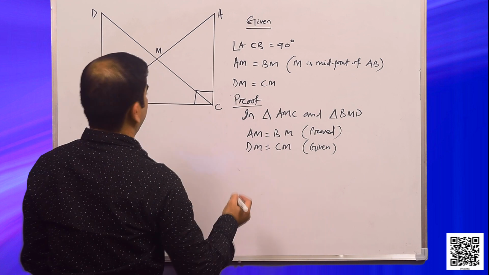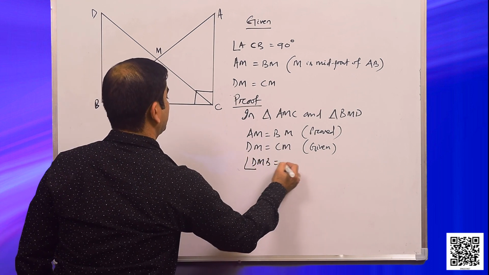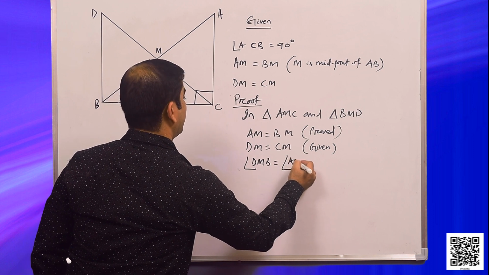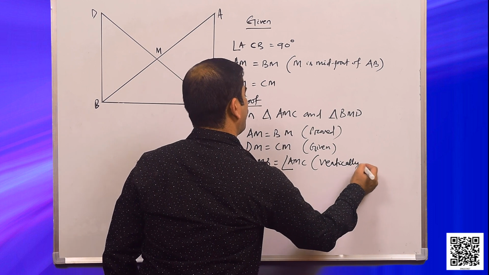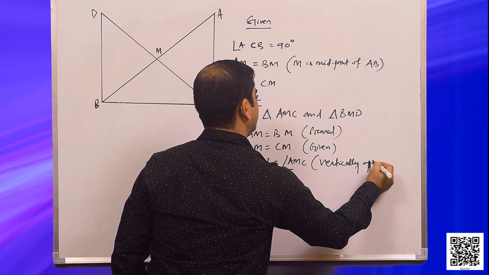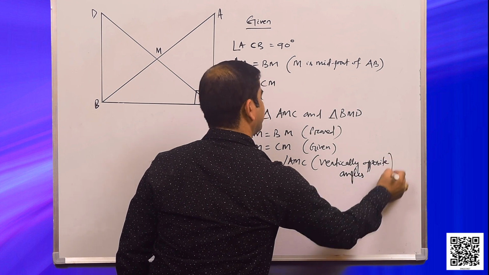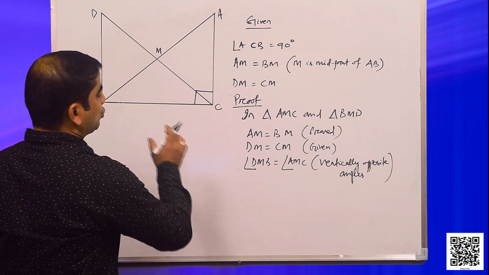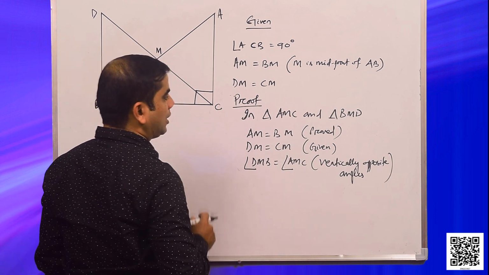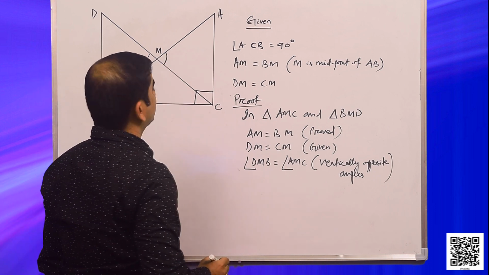Fine. And angle DMB is equal to angle AMC. Why? They are vertically opposite angles. So, we have found two pairs of equal sides with included angles.